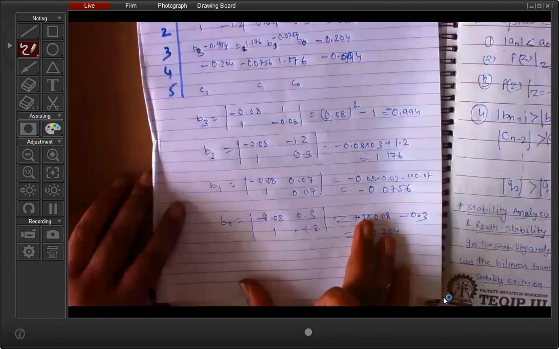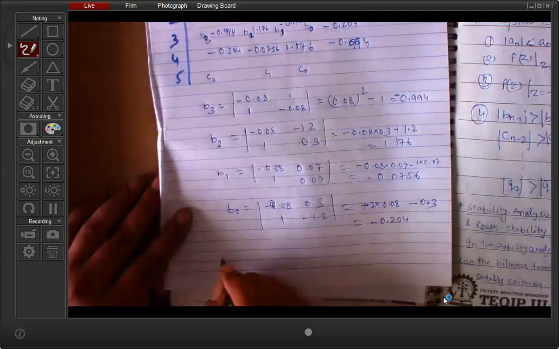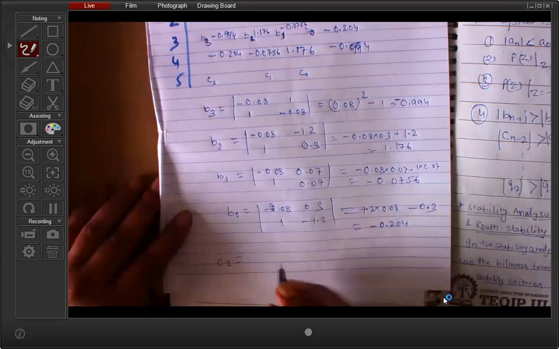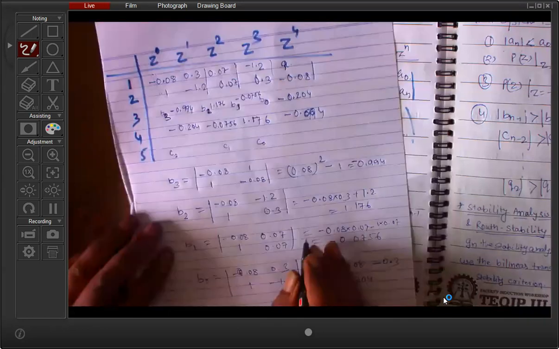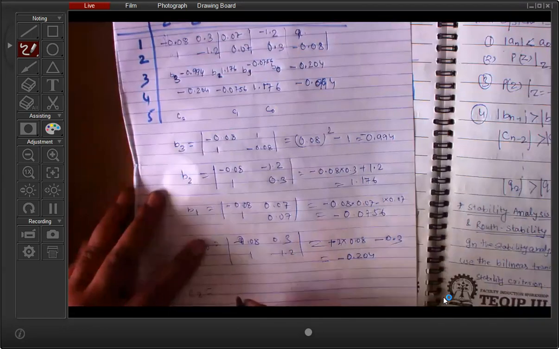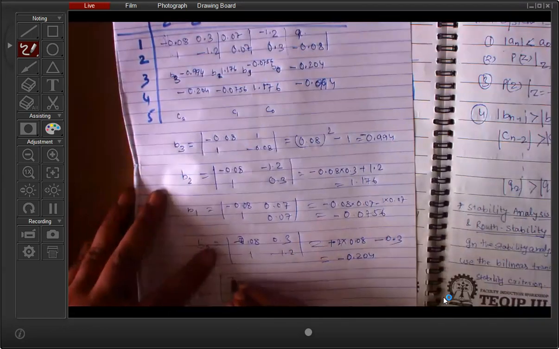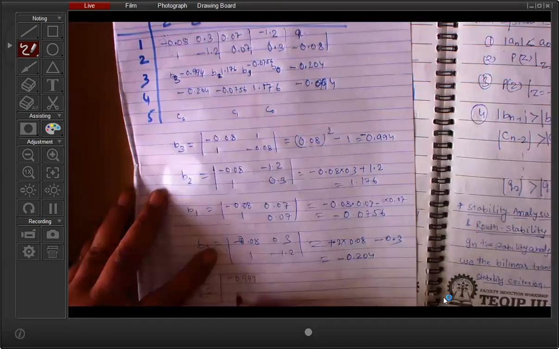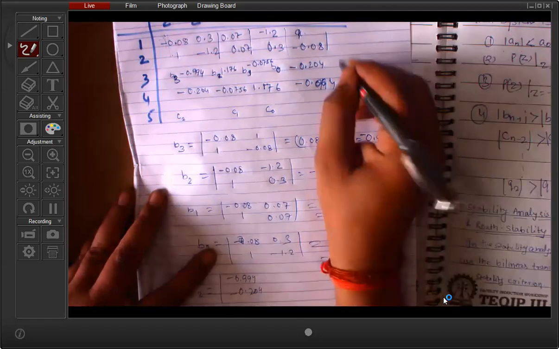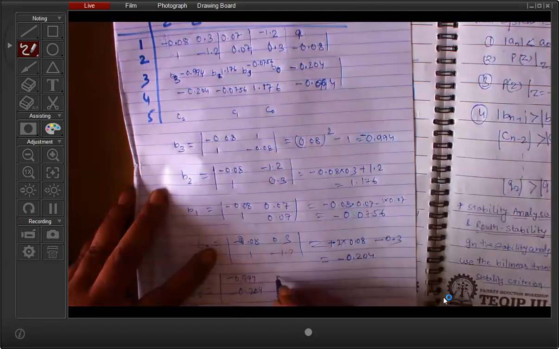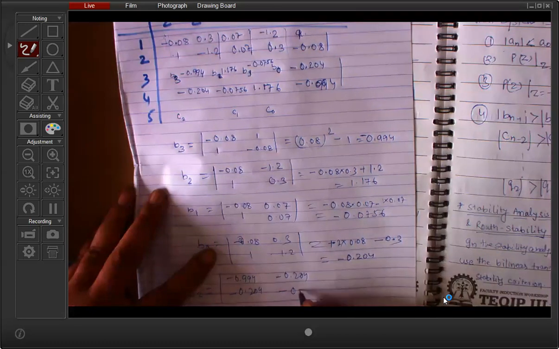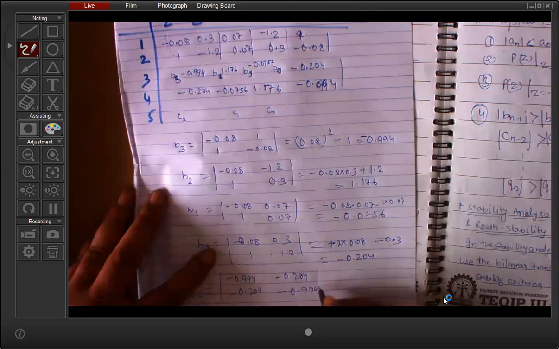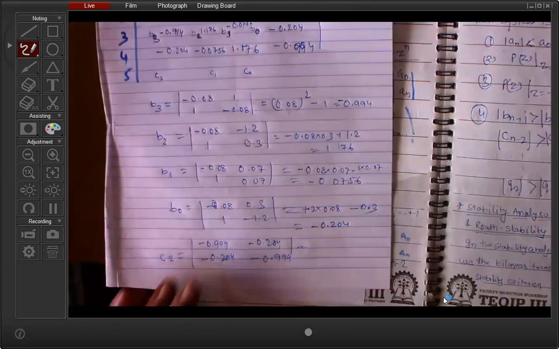C2 is equal to the determinant of minus 0.994, minus 0.204 and minus 0.204, minus 0.994. Now we have to solve it.